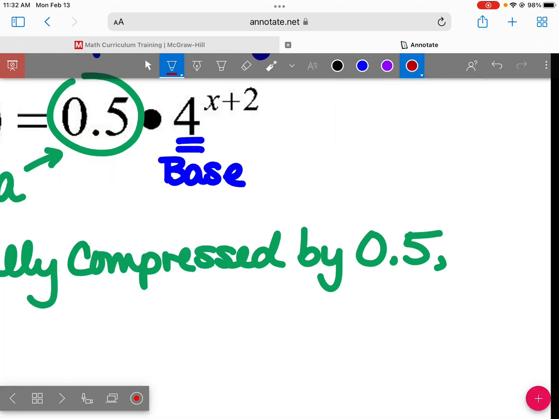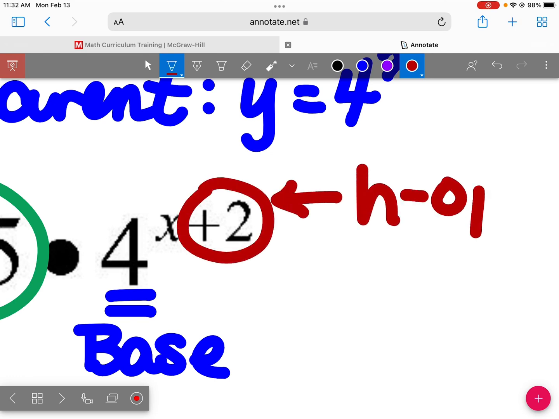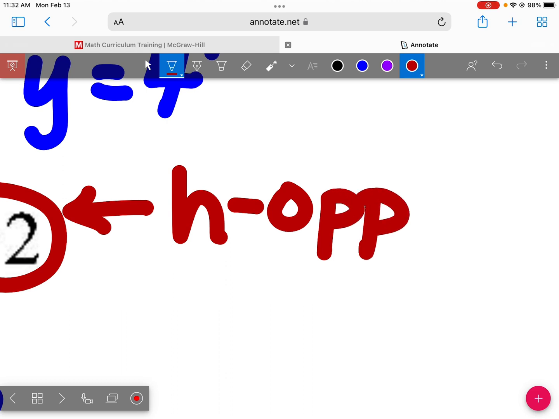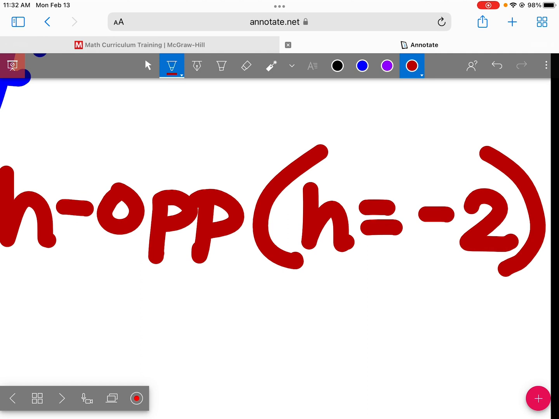Do we have an H value? Yeah, it's -2. Right here is the opposite of H, so H is -2. What will that do to my graph? How will it transform it? Left 2.